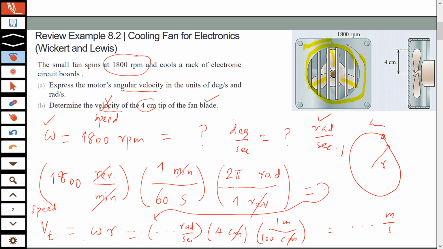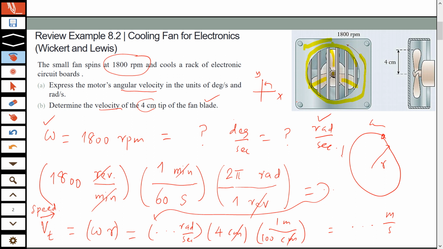But this is the magnitude, okay? If I want velocity, just like here, then I may use the vector here, and here I need the unit vector. So for the unit vector, I can simply choose my axis, xy.